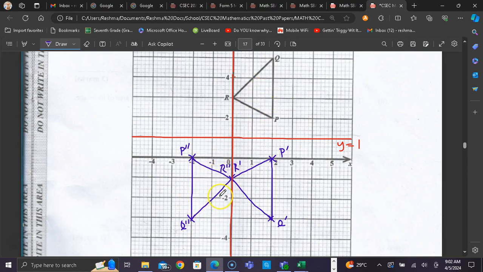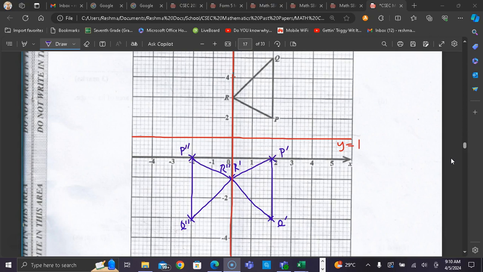It could be a reflection, but if it was, then P'' would be reflected to where R is. It looks like the triangle is turned completely around, which means the only possible transformation is a rotation.